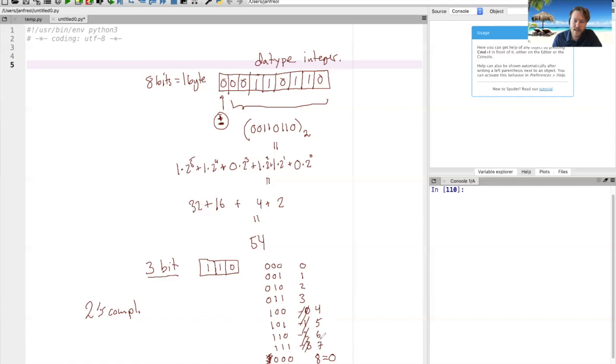Well, if I add 7 to 1, then I would get 1, 0, 0, 0. So if I add 7 to 1 in a 3-bit computer, I'm getting 0. So 7 should be equal to -1. Similarly, this should be equal to -2, this should be equal to -3, and this should be equal to -4. So this is what 2's complement means.